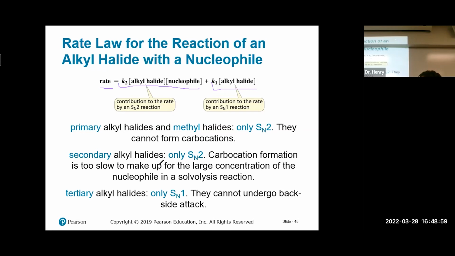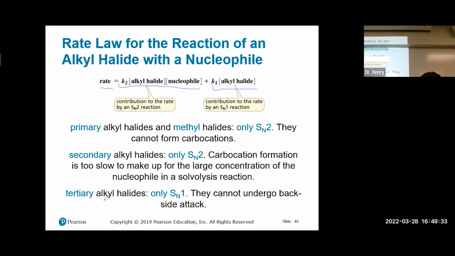Secondary halides are also only going to be SN2. The carbocation formation is too slow, so only that back-end reaction is going to happen fast. It's so slowed and delayed that your only contribution is this, because you don't have enough time to make this. It all goes into this part of the reaction.